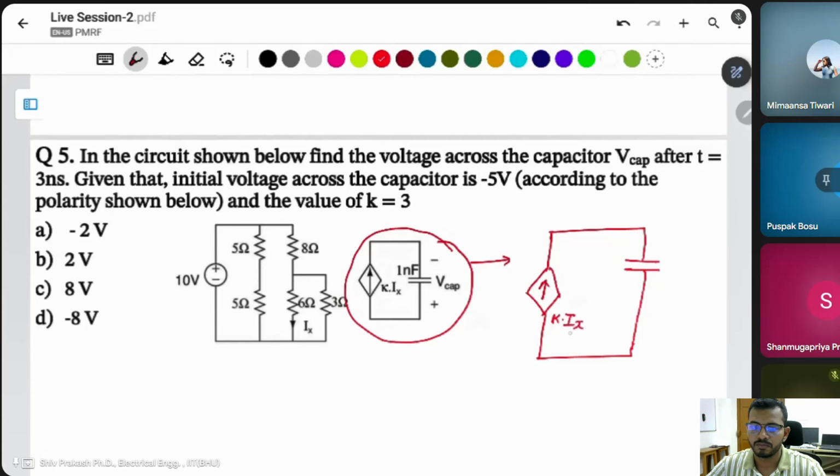It means this is a current source controlled by current only, because ix is the current flowing through this branch. And the polarity of this capacitor is given as minus here and plus here. V capacitor is what the question asks, and this is the value of C.